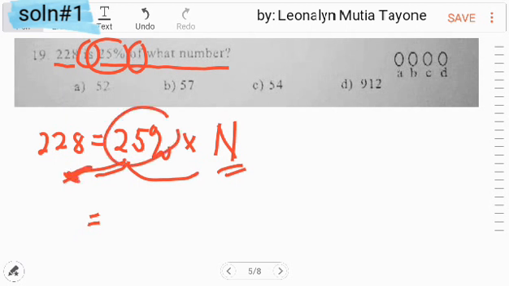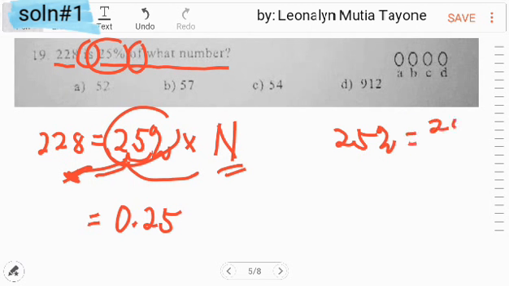I-convert muna natin si 25% into decimal. So, i-move mo lang ang decimal point to the left side twice, so maging 0.25. Or, remember, pag sinabing percent per 100 yan siya. So, 25% is equals to 25 over 100. And this is 0.25. Kaya si 25% is equivalent to 0.25.